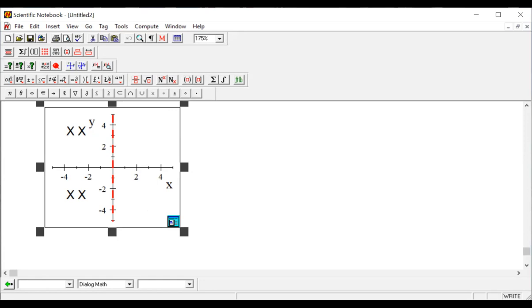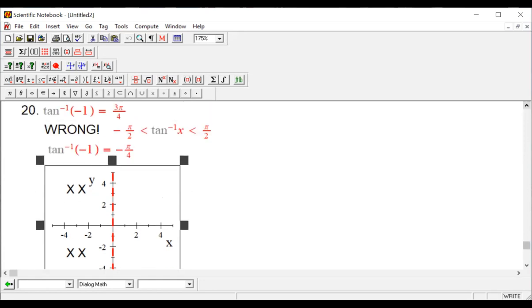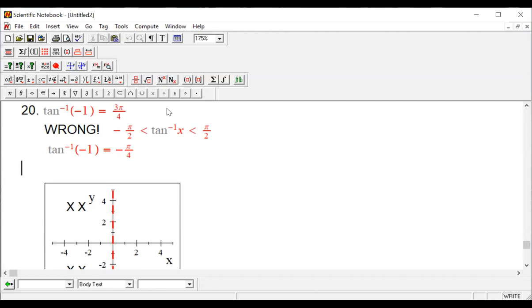Okay, so the domain and range, the domain of arctan. This function is used quite a bit in calculus.